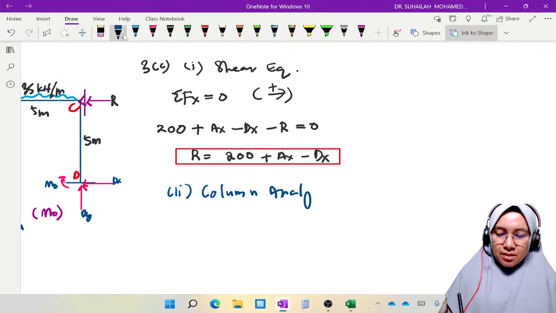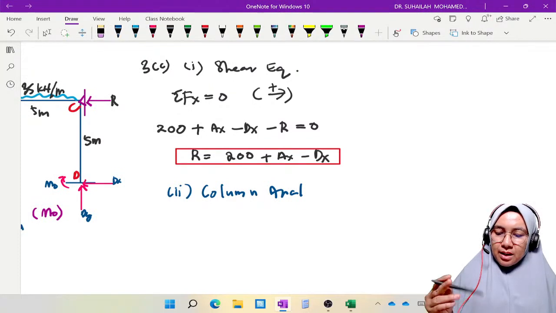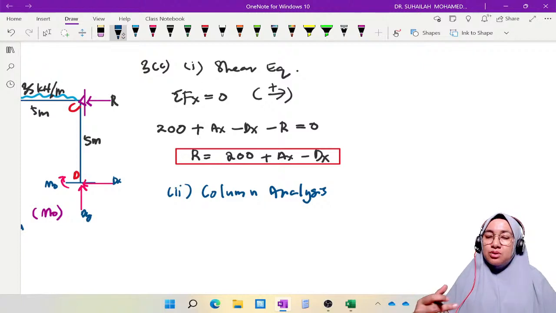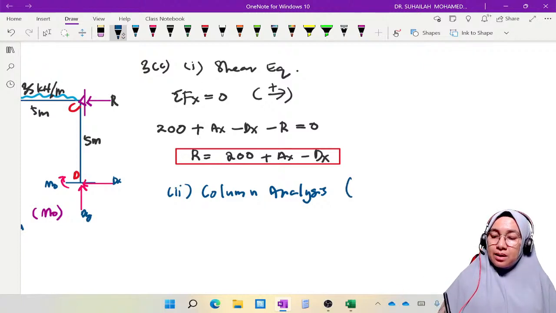It is column analysis to calculate AX and DX.